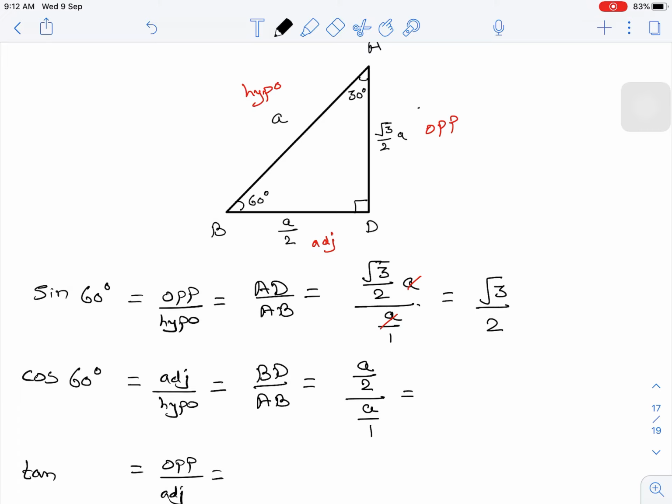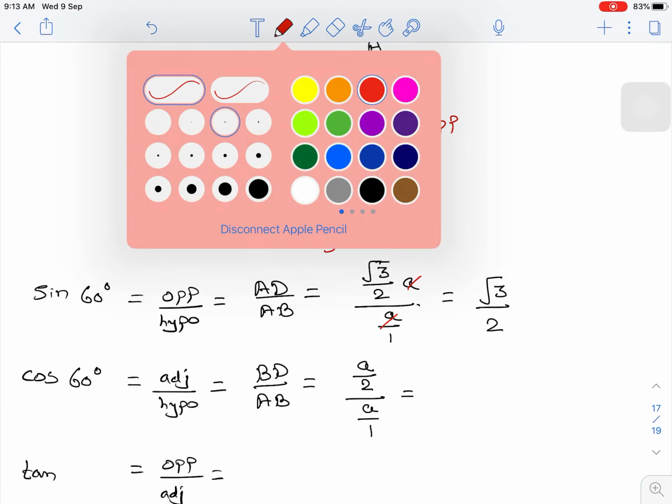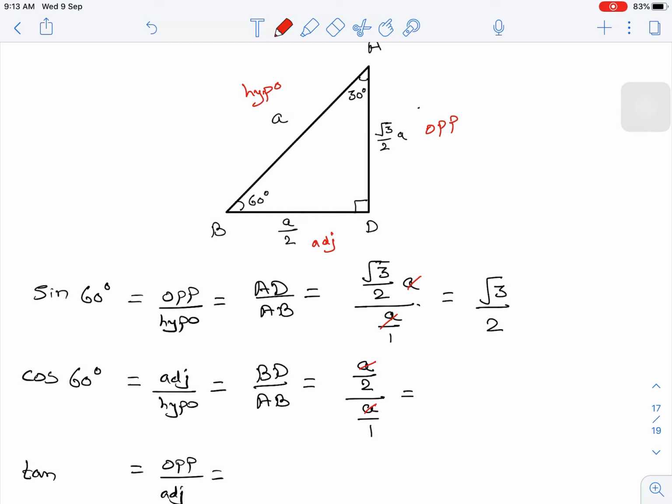Now this a and this a we can cancel. Is it clear? So in the next step, this 1 will multiply here, 2 will multiply here, so what is the value of cos 60? It is 1 upon 2.